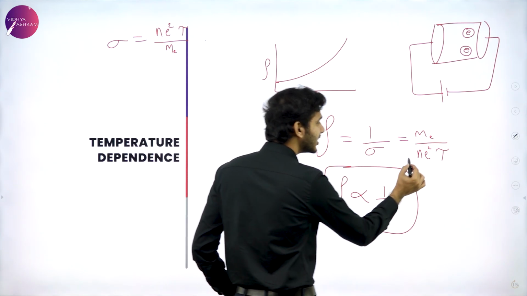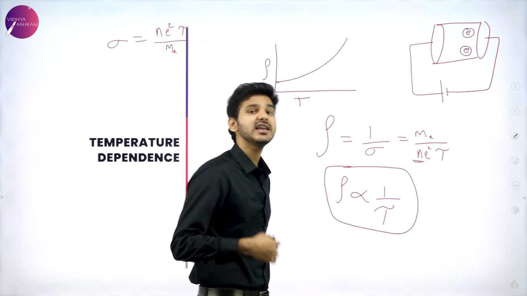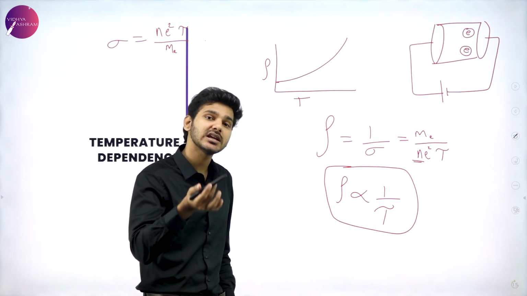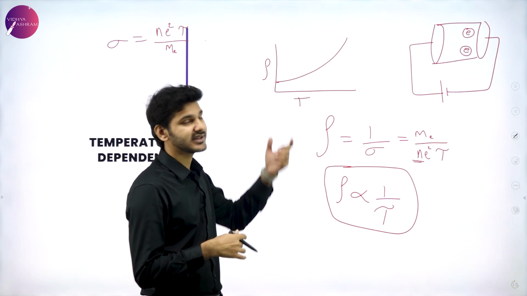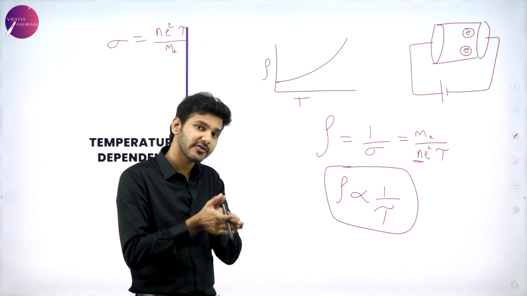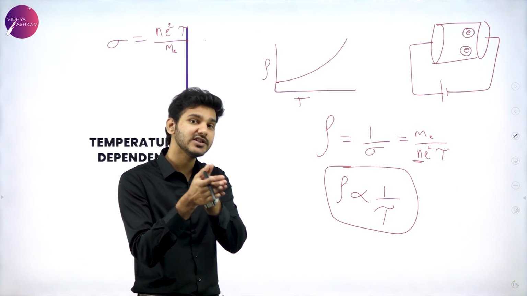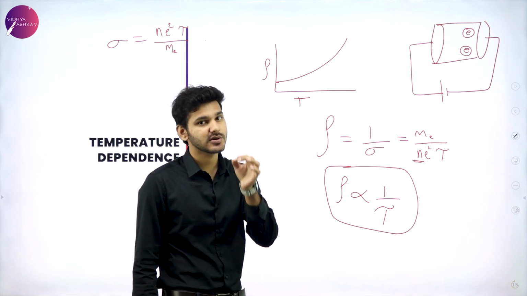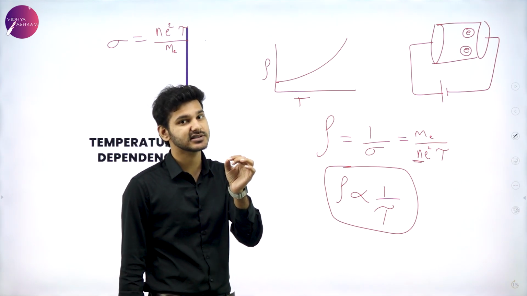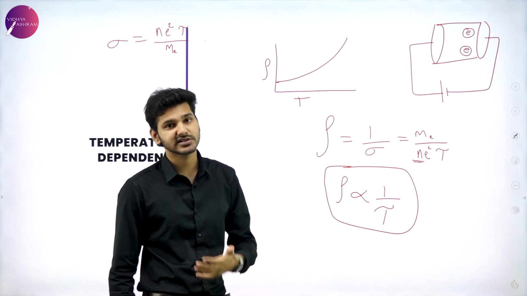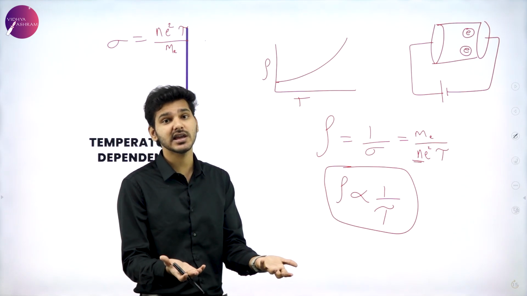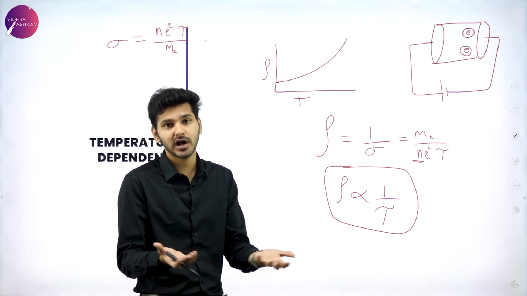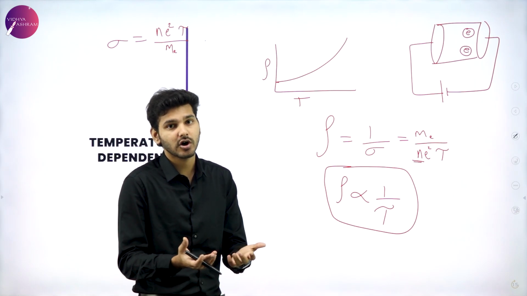Note that here n, the number of free electrons, is not increasing or decreasing. For a metal, that is for a conducting material, the number of free electrons available won't be changing. But the relaxation time will be changing because heat is applied to that system. As current is passing through that system, because of resistance, automatically it will get heated up, like in the case of a light bulb or a heating coil, anything.